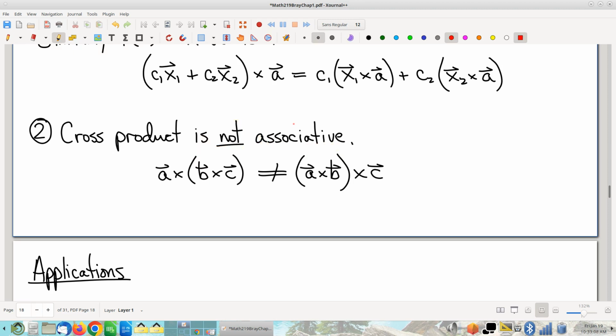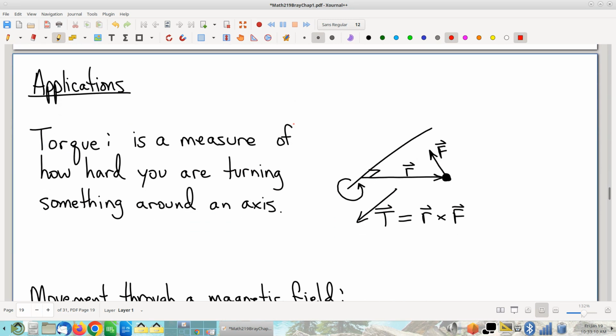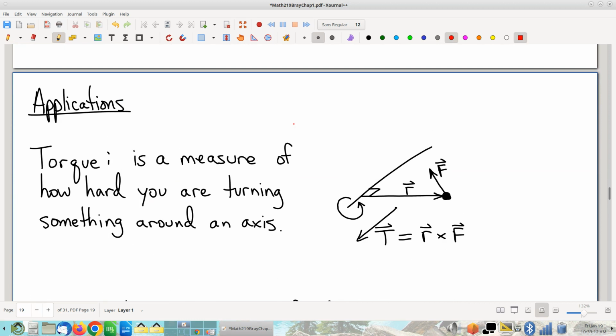All right. Okay, a couple of quick applications. We're not going to work any exercises on this, but I just like to point out when there are useful ways that objects that we're seeing show up in the real world. First thing I'm going to talk about is torque, and that is if you have an axis and something is turning on that axis, like maybe you have a screw that's screwed into a board, something like that.